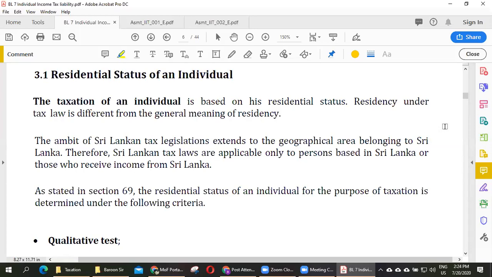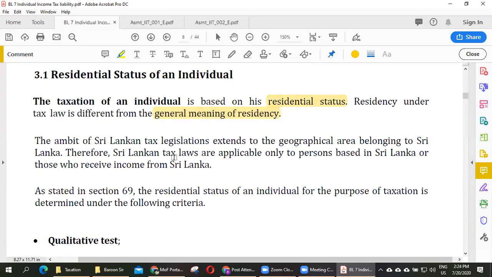That's the matter, right? The taxation of an individual is based on his residential status. The residency under the tax law is different from the general meaning of residency, right?